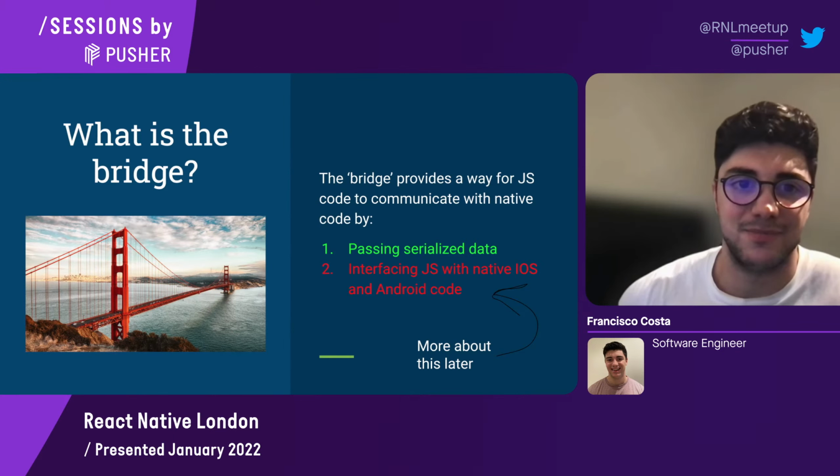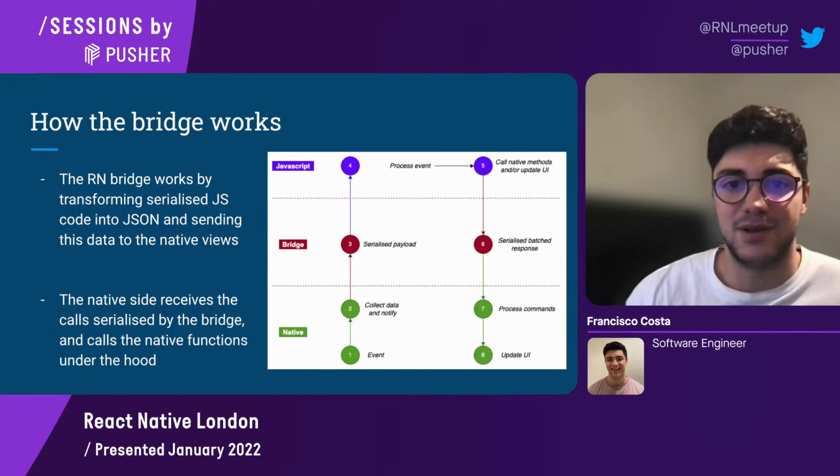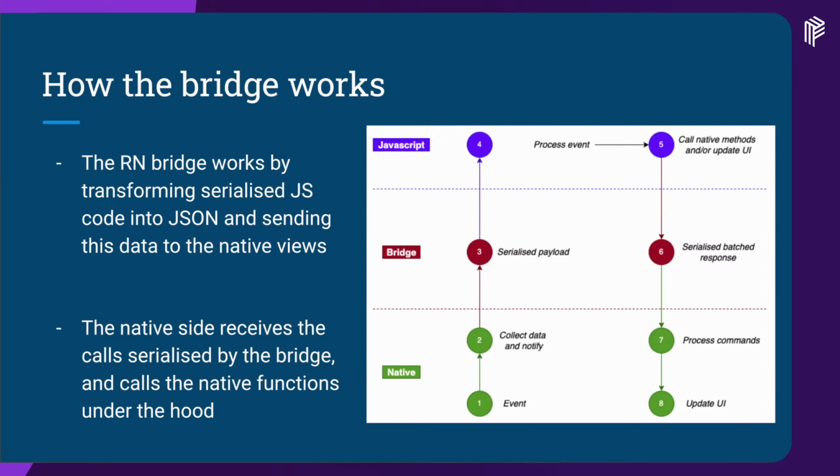So going a bit deeper into how the bridge works, we know from the fact that the answer was one that the React Native Bridge works by transforming the serialized JS code into JSON and sending this data into the native views. The native side then receives these calls serialized by the bridge and calls functions under the hood to process the serialized JSON.